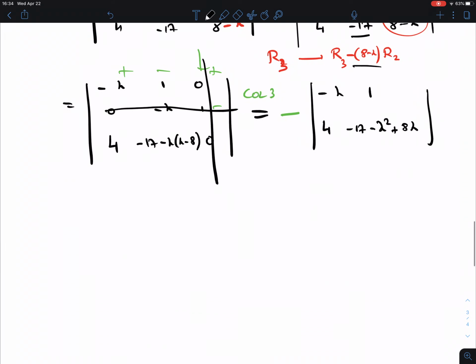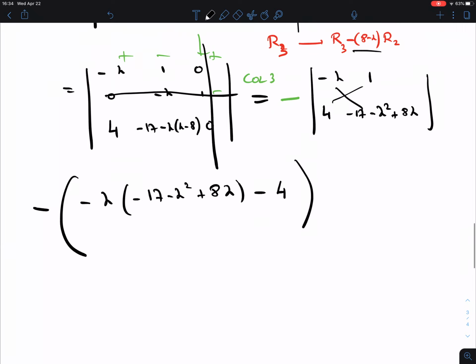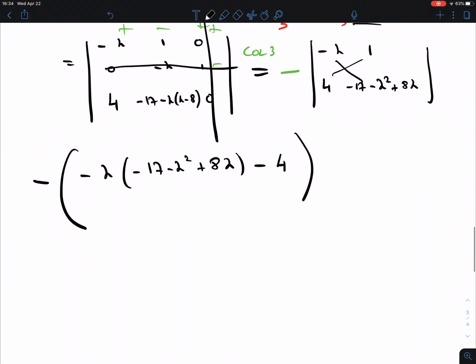Now it's a 2 by 2, which I can do much quicker: we do minus lambda times minus 17, minus lambda squared plus 8 lambda, this product minus this product. Let's work all this out.